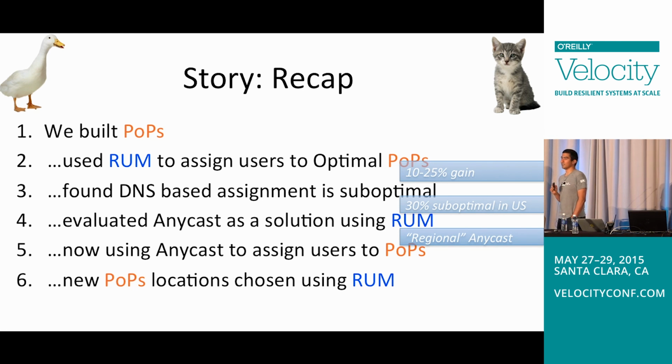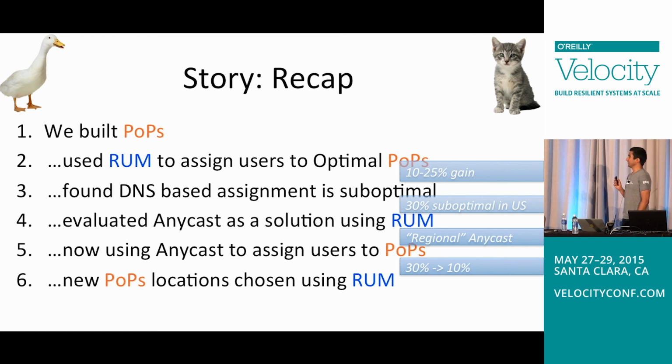Then we evaluated Anycast as a solution using RUM. We found that global Anycast doesn't work, but regional Anycast is a good solution. Then we started using Anycast to assign users to POPs in the USA, and we saw the numbers drop from 30% suboptimal assignment to 10%. And now we're building new POP locations using RUM.